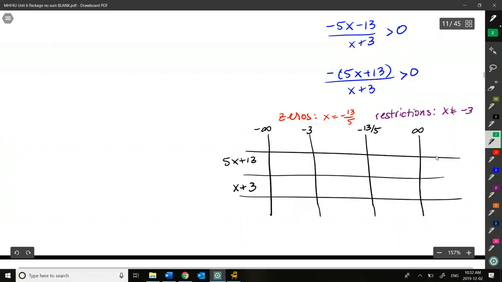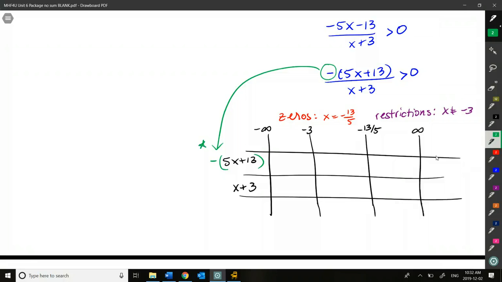So you have two options. You can include the negative up here in front of the 5x plus 13, or you could include the negative in its own section, and then everything here will just be negative, negative, negative. But that definitely affects whether your section of your graph is positive or negative. So you definitely want to make sure that this negative occurs somewhere in your sign chart, okay?